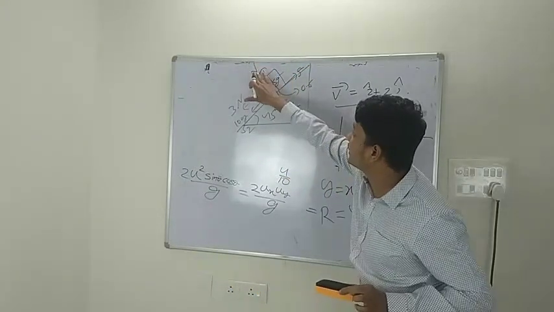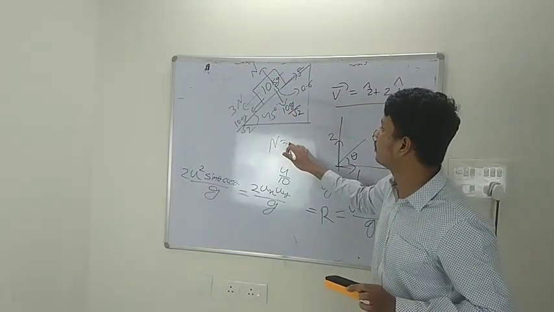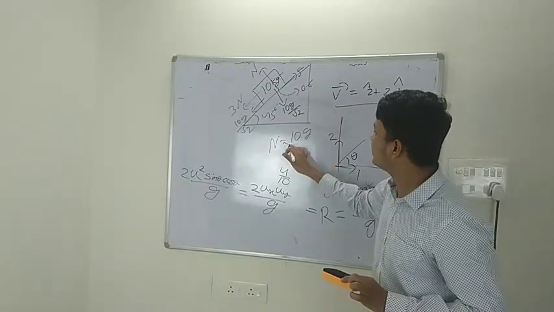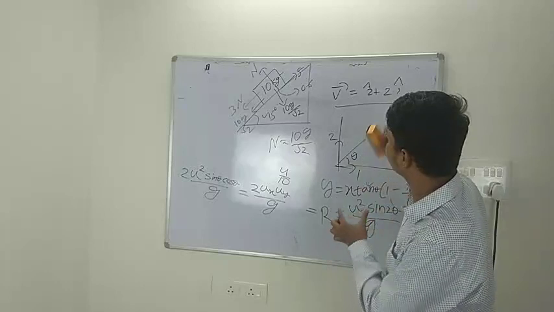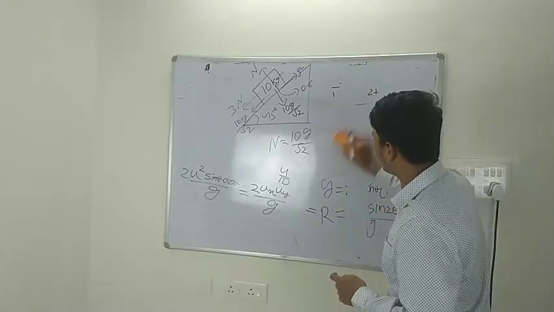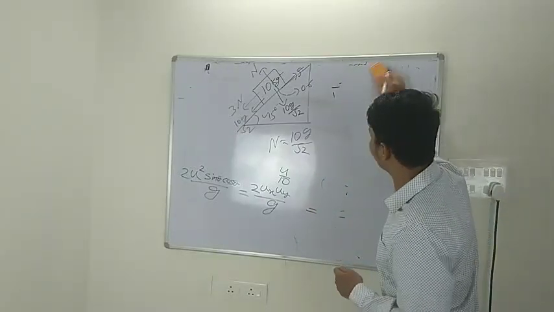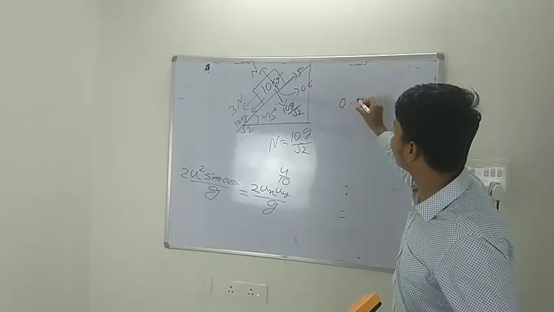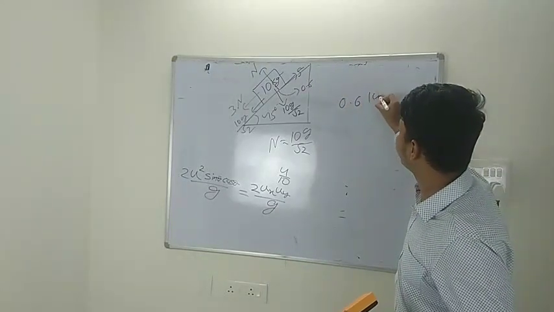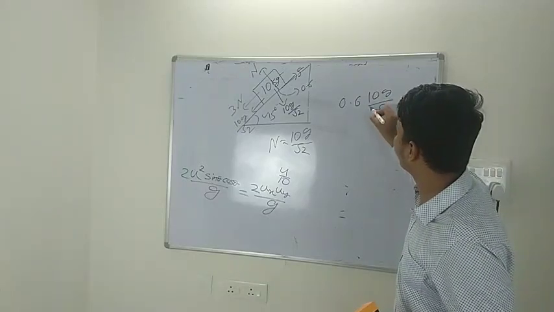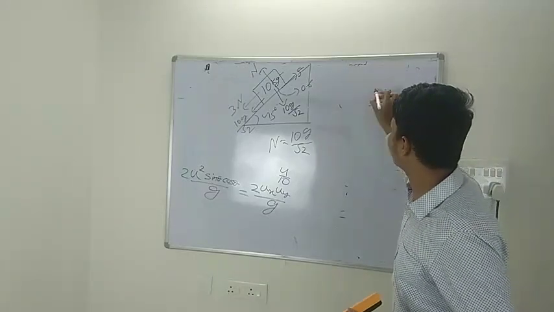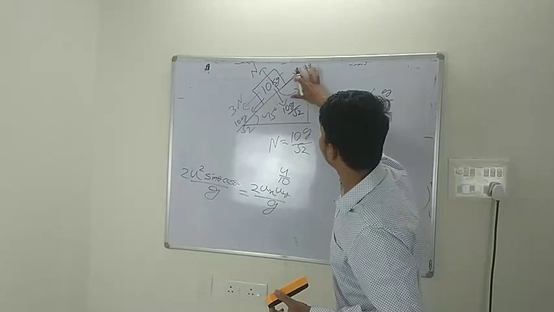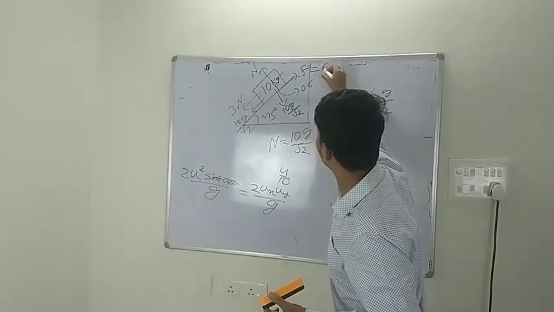As it is not moving, the normal force must be equal to 10g by root 2, and the value of the friction force is mu times the normal force, that is 0.6 times 10g by root 2, that is 6g by root 2 is your frictional force.